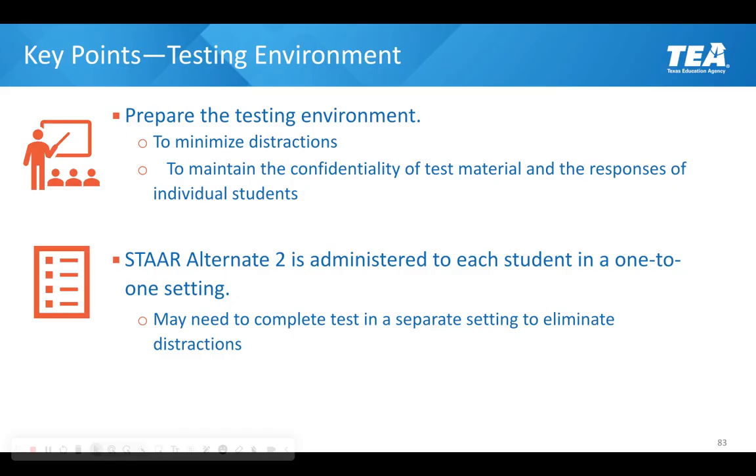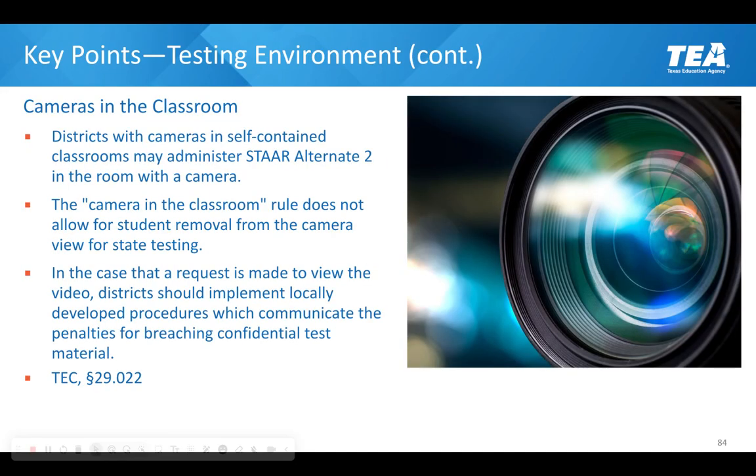For your testing environment, STAAR Alternate 2 must be administered one-to-one. Testing environments should minimize distractions and protect confidentiality. Cameras in classrooms are allowed, but students cannot be removed from camera view.